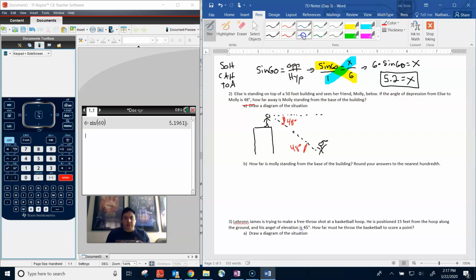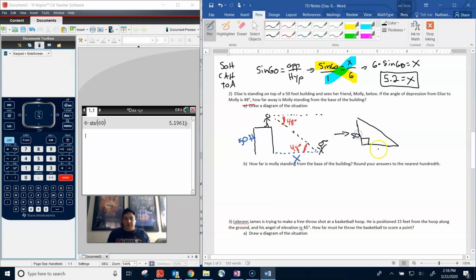Remember, she's standing on top of a 50-foot building. How tall is this building? 50 feet. It wants to know how far away Molly is standing from the base of the building. Essentially, they're asking how far she is standing away from the bottom here. Well, if you don't like looking at it in this context, we can kind of draw it as a right triangle. So let's do it. Something like this.